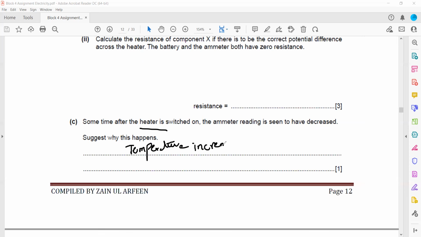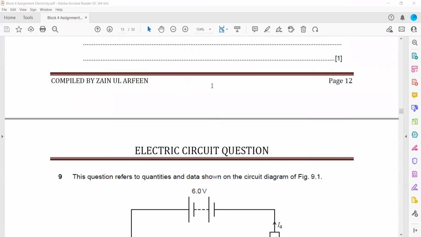As a result, the resistance of the circuit will increase. And when the resistance of a circuit increases, what happens to the current? The current will decrease. That's why the ammeter reading decreases: the temperature of the circuit increases, so the resistance increases, which causes a decrease in the ammeter reading, or the current in the circuit.